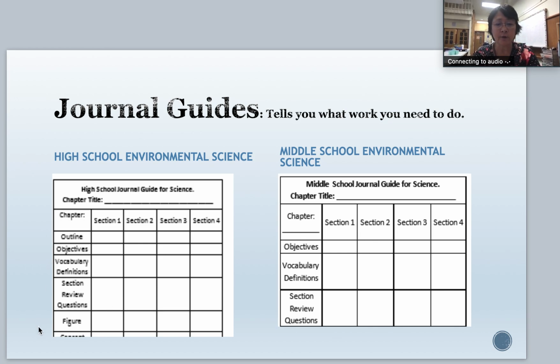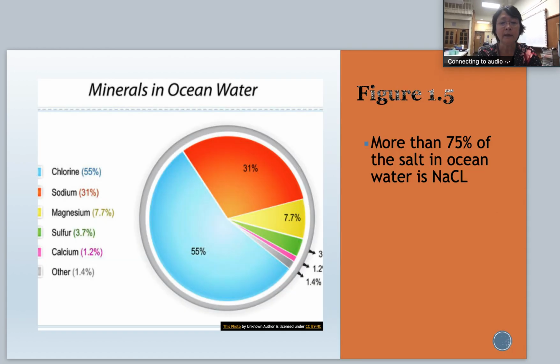So we have taken a look at our section review questions. Now we're going to take a look at the figure that is due for review. Figure 1.5, and this is found in your packet. Here, more than 75% of the salt in ocean water is NaCl, or table salt. So let's take a look at the minerals in ocean water.